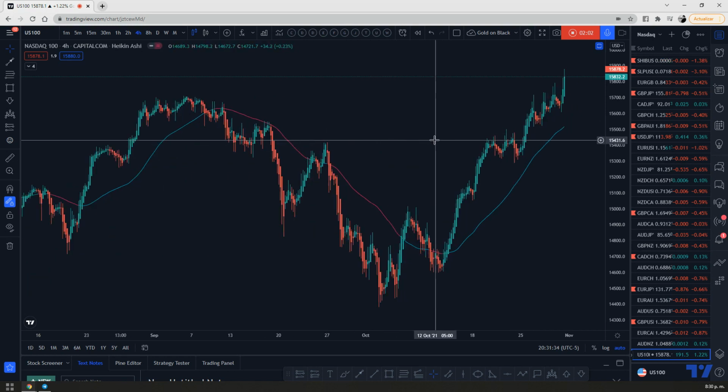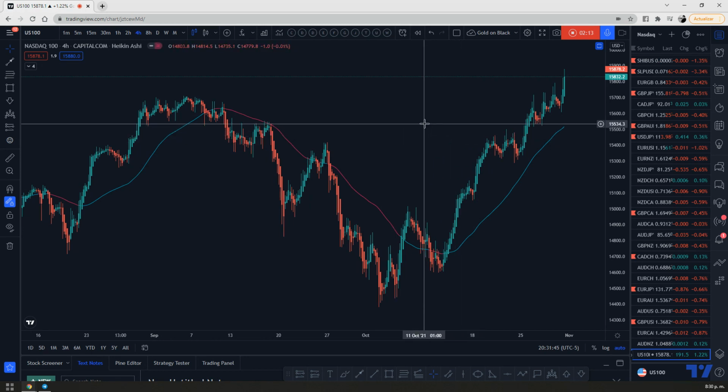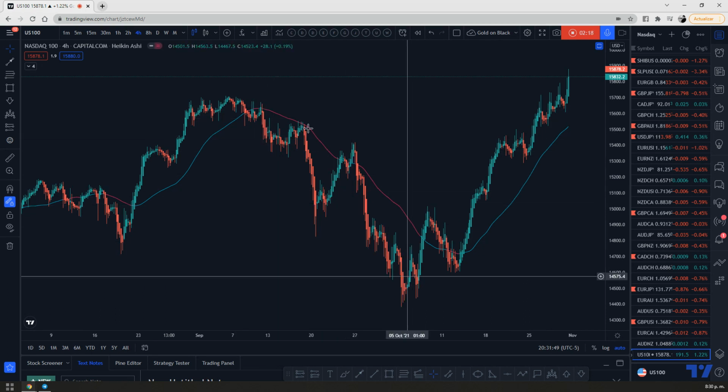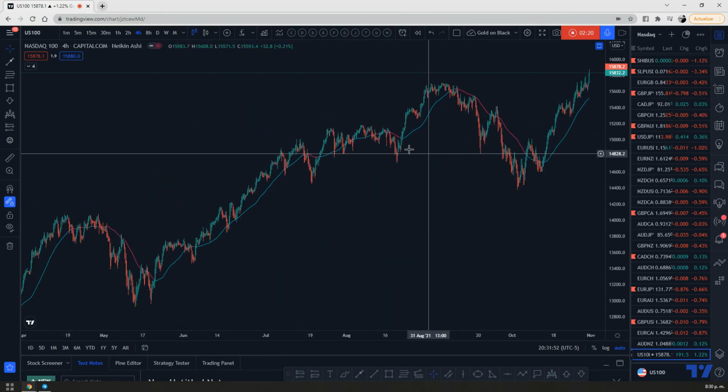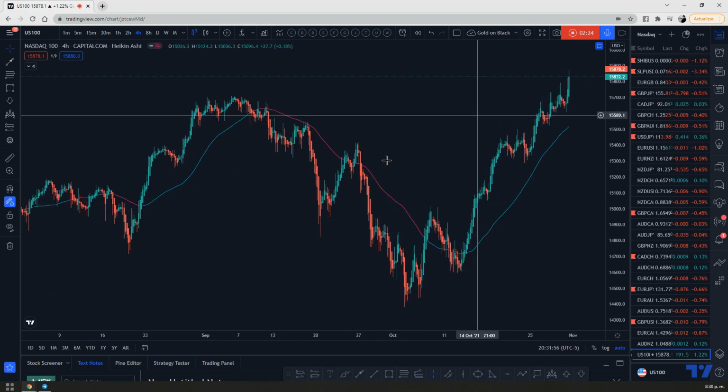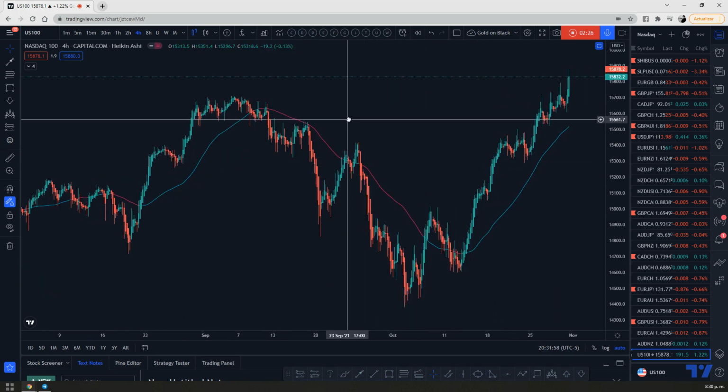A lot of opportunities here, either for buying or selling. Even though you already know how I trade, basically I don't like selling. I don't feel comfortable selling Nasdaq or US 30 because this is constantly pushing up. Sometimes we're going to have some corrections, but more often than not this thing is just pushing up. So what we need to know is where we are standing.